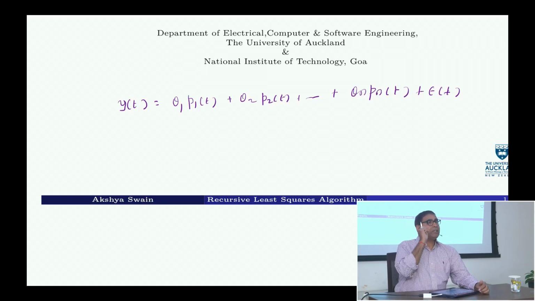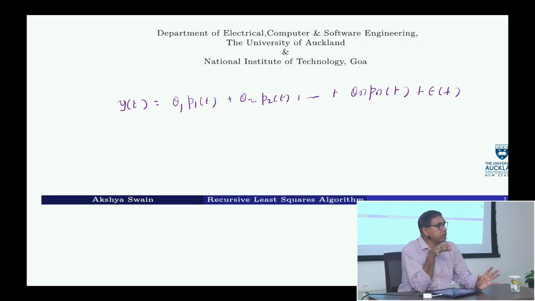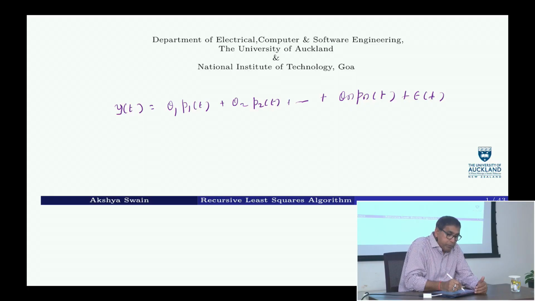So, while doing linear system identification, let me first answer his question. Linear system identification: you sit at the computer, you start giving NA, NB, and first you fit a linear first order model. First you give NA equal to 1, NB equal to 1.